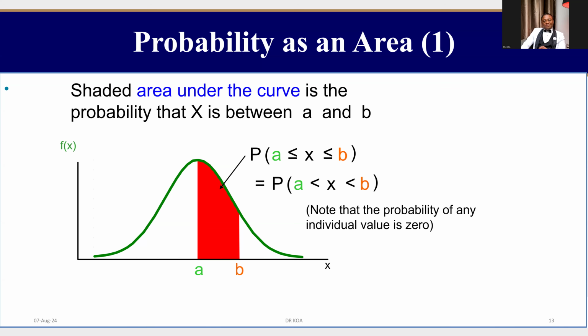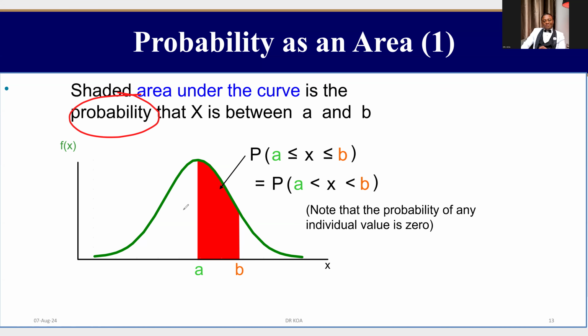Please note this because it is a little bit tricky. If the area under the curve is 1, then I can slice a portion of any part of the curve and ask you to tell me what that area is. The area under the curve is also the probability. Take note.